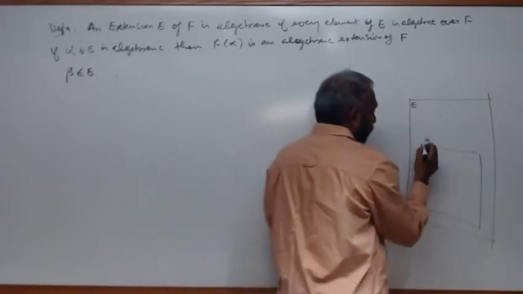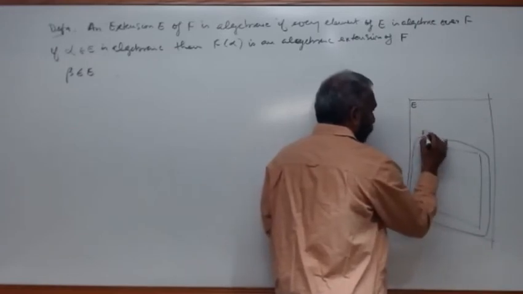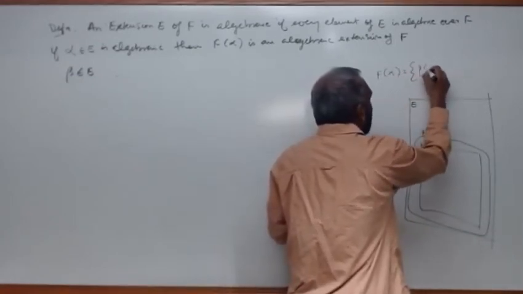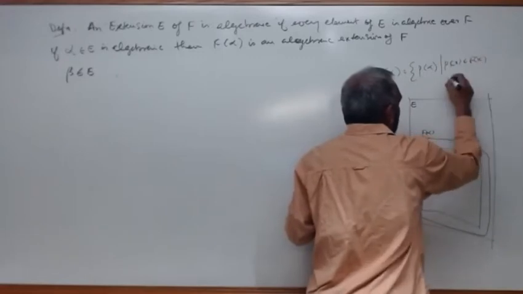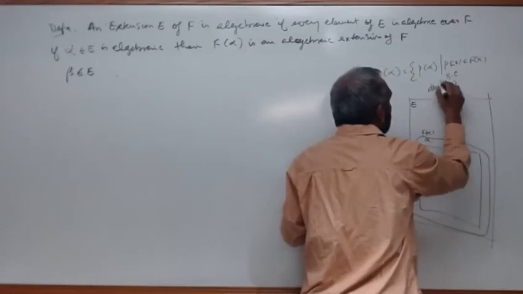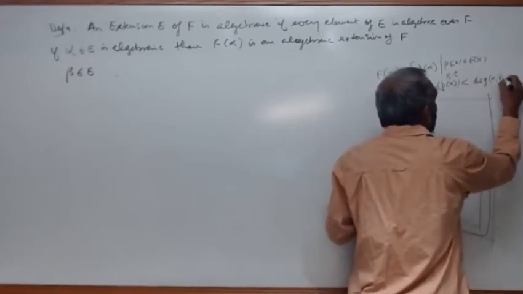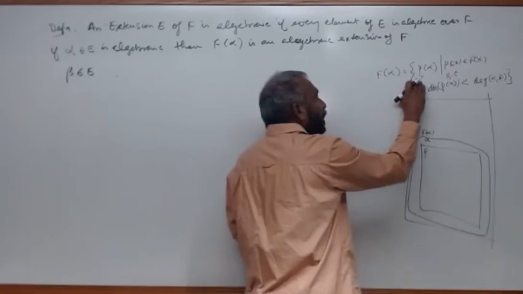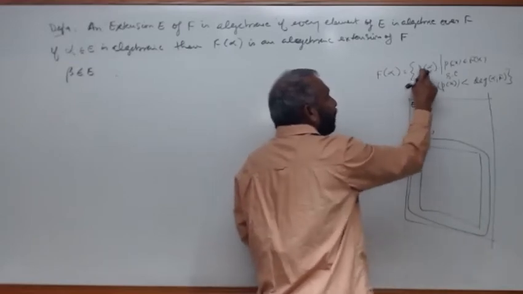So this is our F(alpha), and F(alpha) is equal to the polynomials in alpha, P(x) belongs to F[x], such that the degree of P(x) is strictly less than the degree of alpha over F. Meaning it contains the polynomials in alpha whose degree is less than the degree of alpha over F.